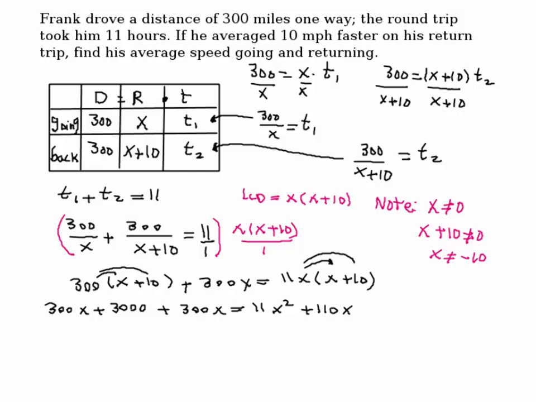So let's combine these two. This would be 300 and 300. That gives me 600x plus 3000 is equal to 11x squared plus 110x.